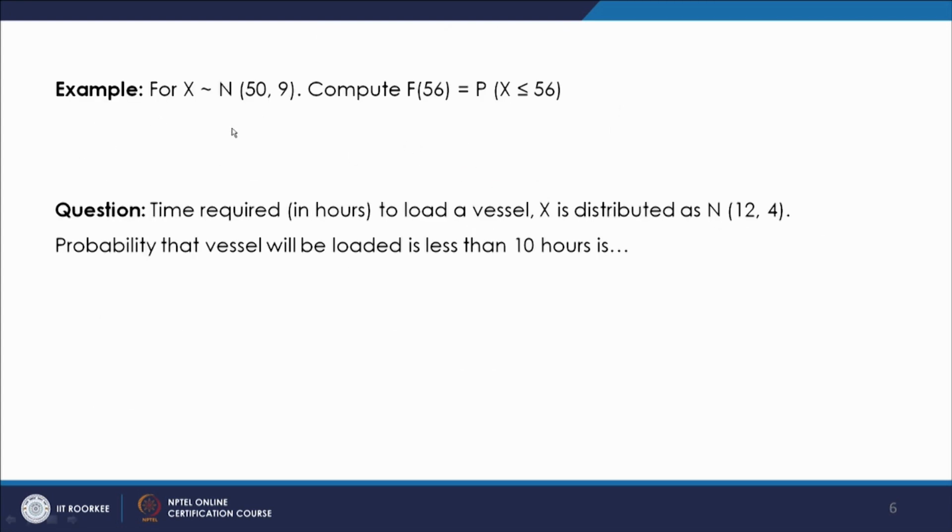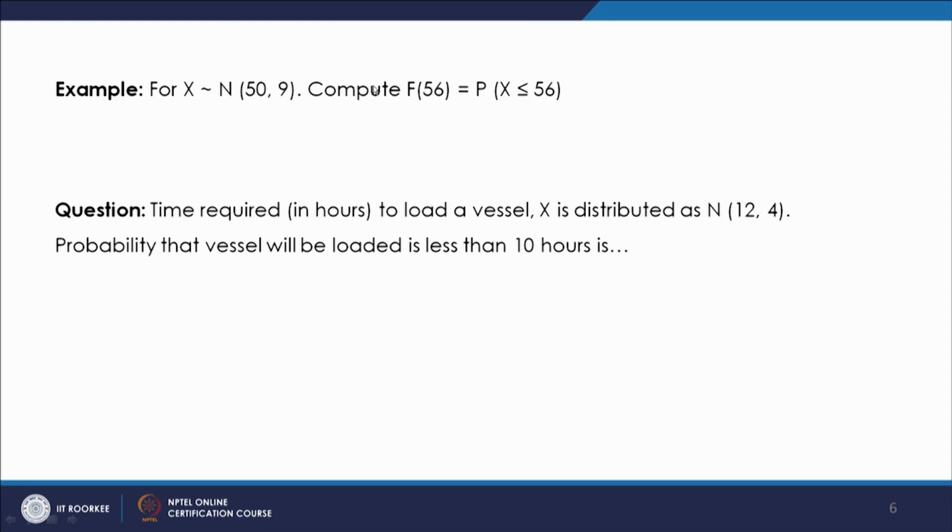Let us see one example. Suppose X is a random variable which is normally distributed with 50 as the mean and 9 as the variance, that is, 3 is the standard deviation. In that case, you have to compute F(56), that is, the probability that X is less than or equal to 56.